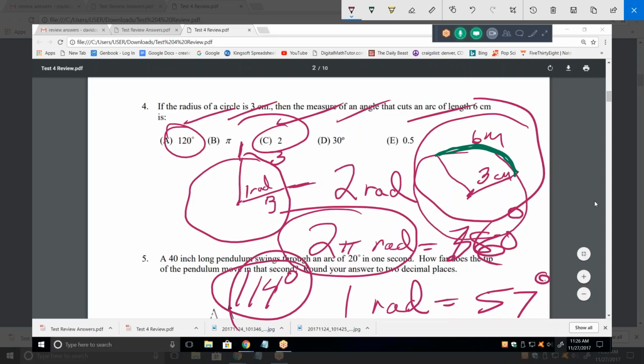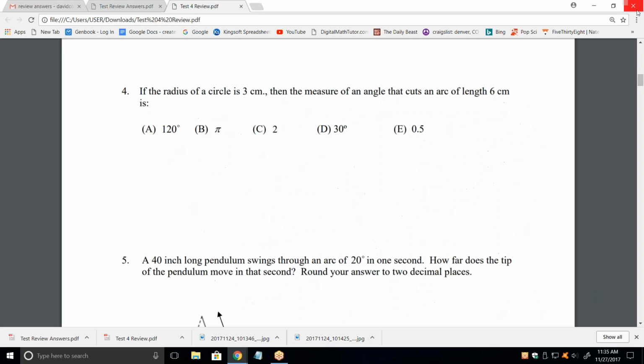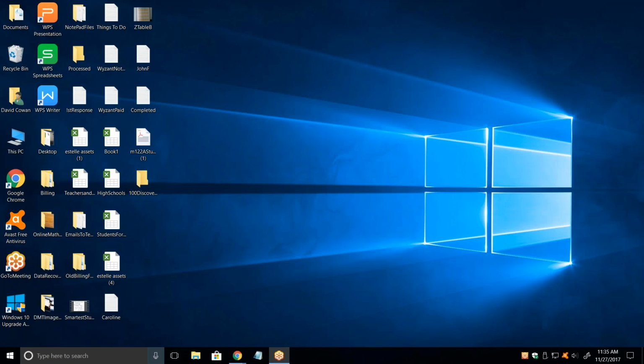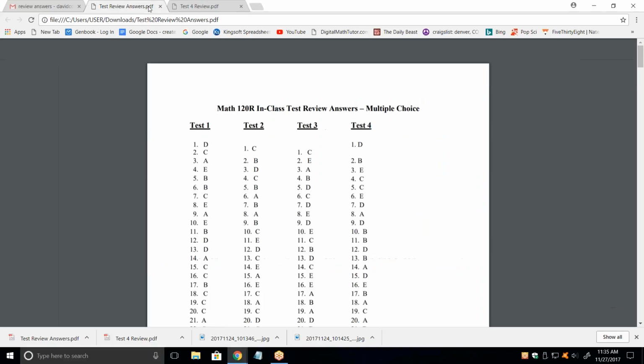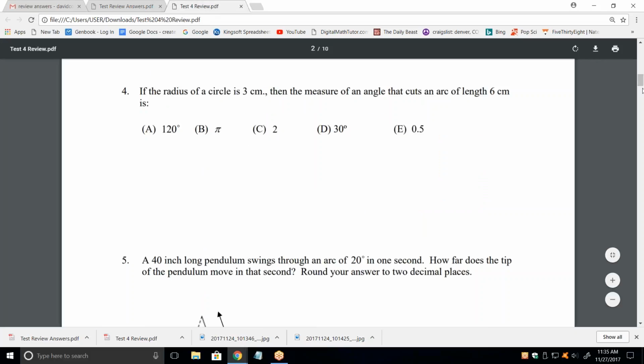So there's only one correct answer, and it's 2 radians or 114 degrees, and the only number on there, C. This one I would bet my life that C is the answer. Maybe I shouldn't be so extreme to be betting my life, but I was pretty certain of that one.